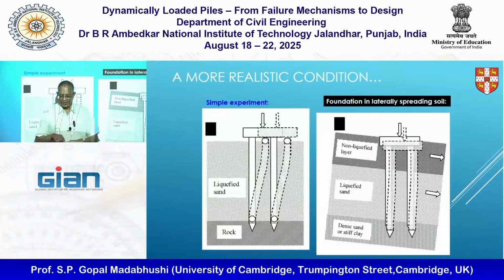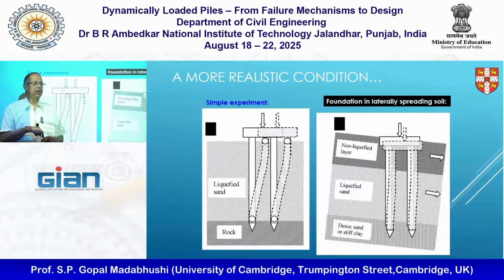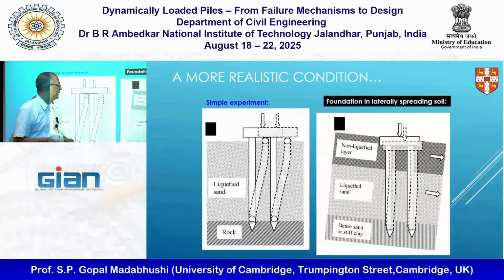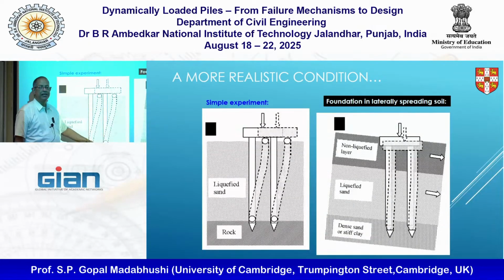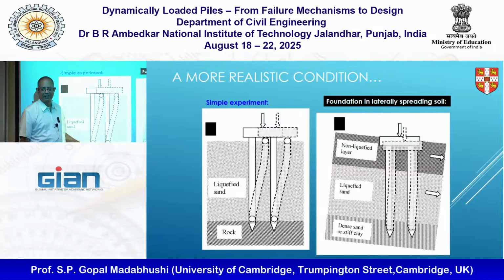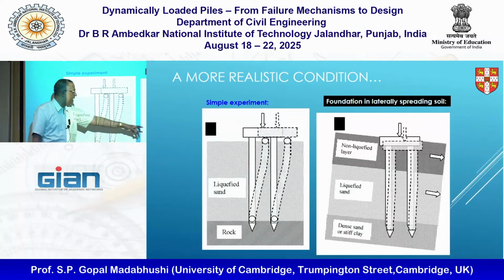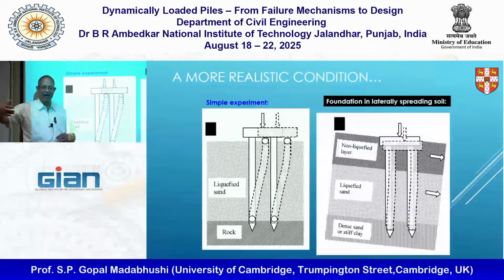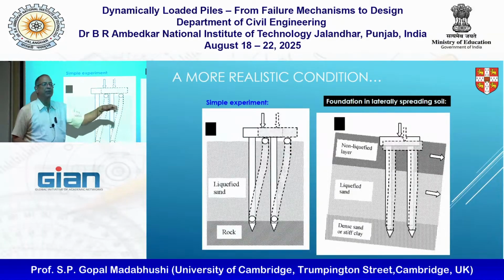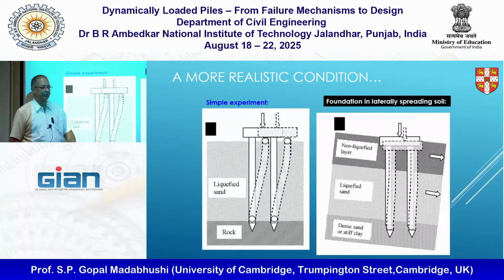So the moment I can get some settlement into dense sand, then my tendency to buckle will go away, because I'm no longer imposing zero displacement at the pile tip. So these kind of piles very rarely will buckle, because the buckling load will be a lot higher, and it's easy for the pile to settle.